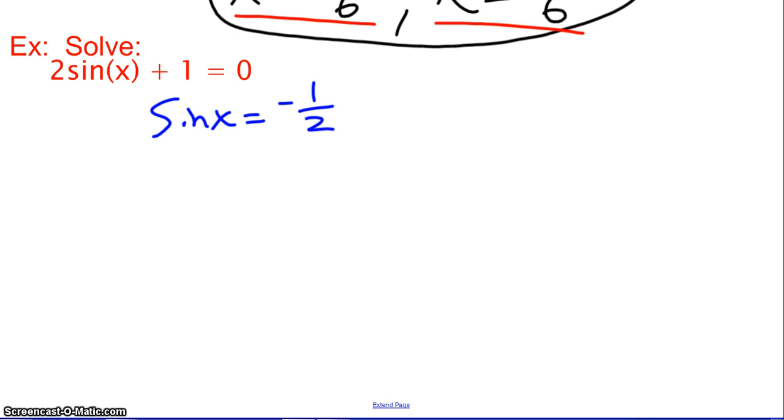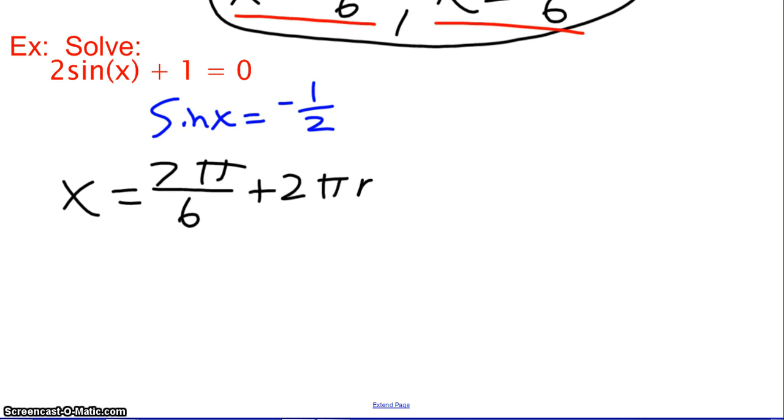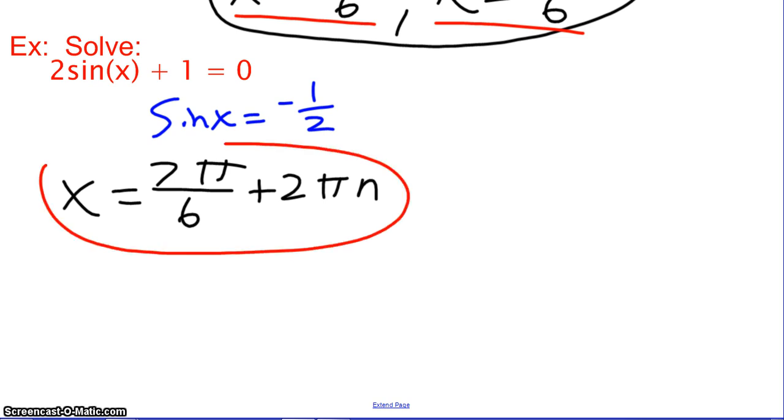Well, we're going to write them as x equals 7 pi 6 plus 2 pi n, where n is any integer. And so this represents every single coterminal angle of 7 pi 6.